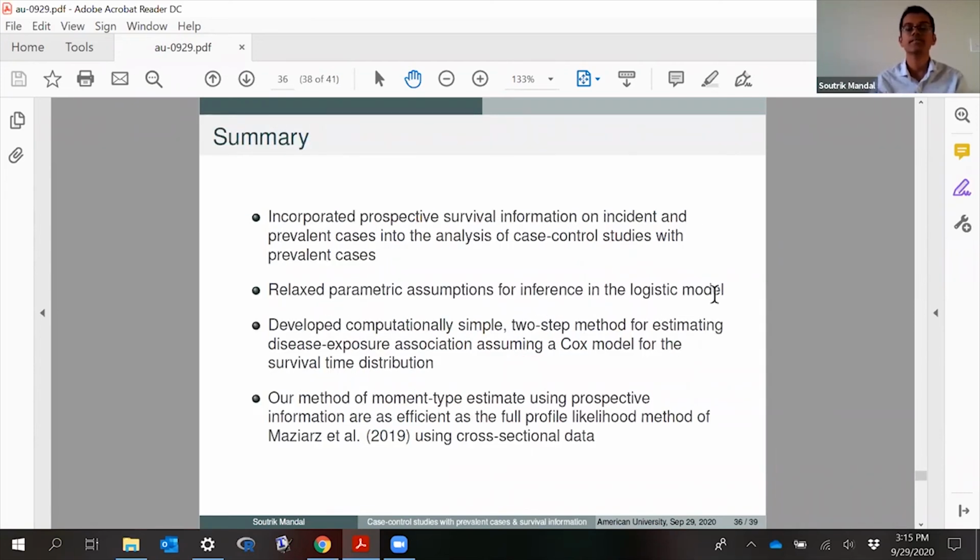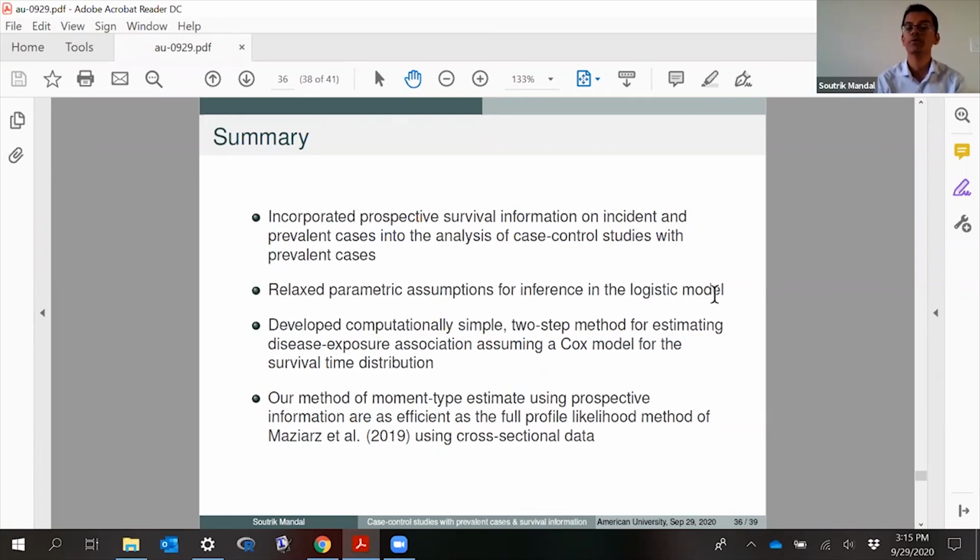So in summary, we incorporated prospective survival information on incident and prevalent cases into the analysis of case control studies with prevalent cases. We have relaxed parametric assumptions for inference in the logistic model. We developed a computationally simple two-step method for estimating the disease exposure association, assuming a Cox model for the survival time distribution.